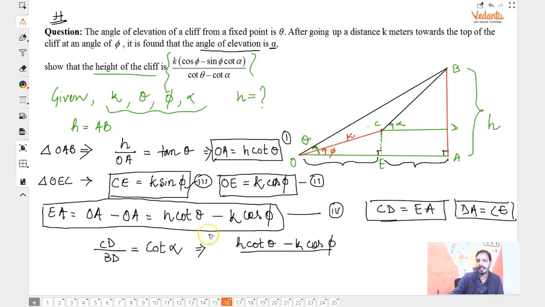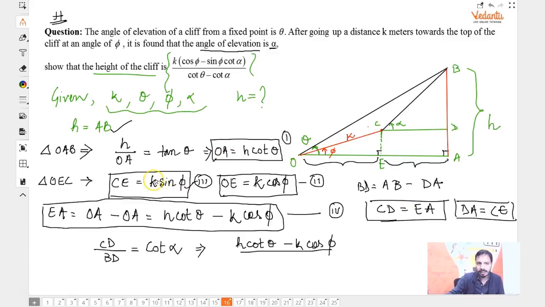What is BD, guys? What is BD? BD can be written as, see, let me write it here. BD can be written as AB minus DA. AB minus DA. And what is AB, guys? What is AB? AB is nothing but the height. Right? AB is the height. I have taken it here. And what is DA?